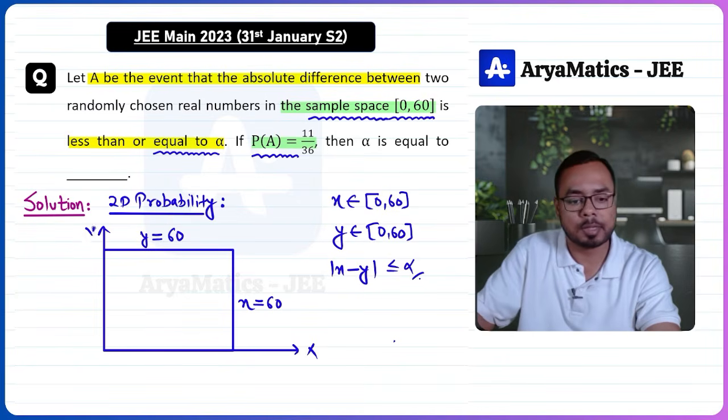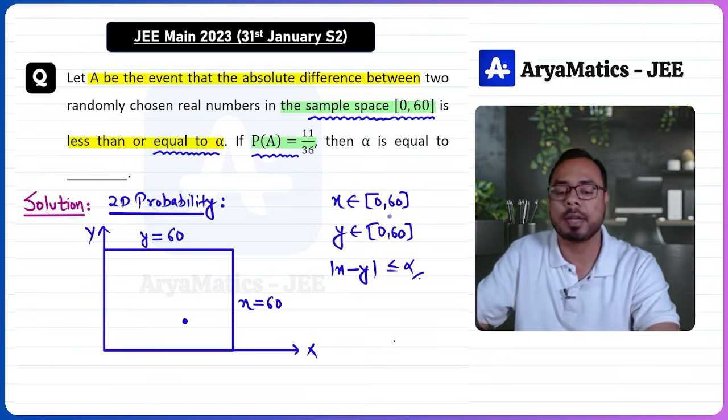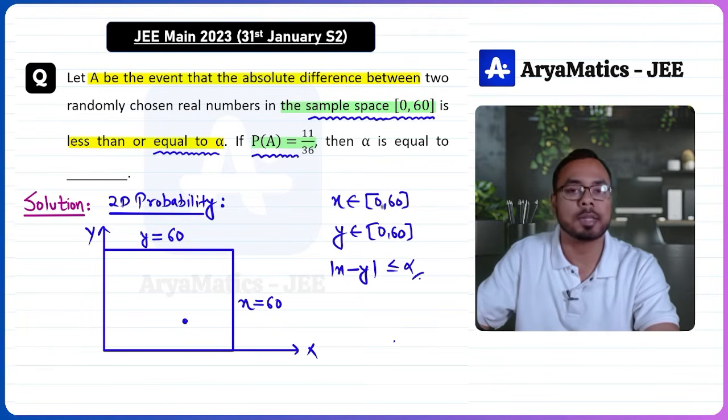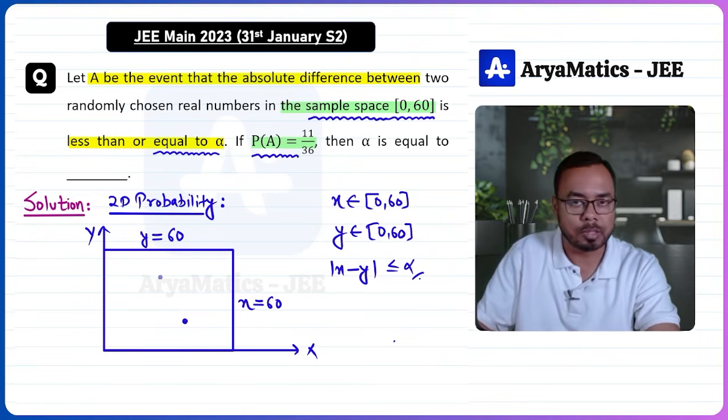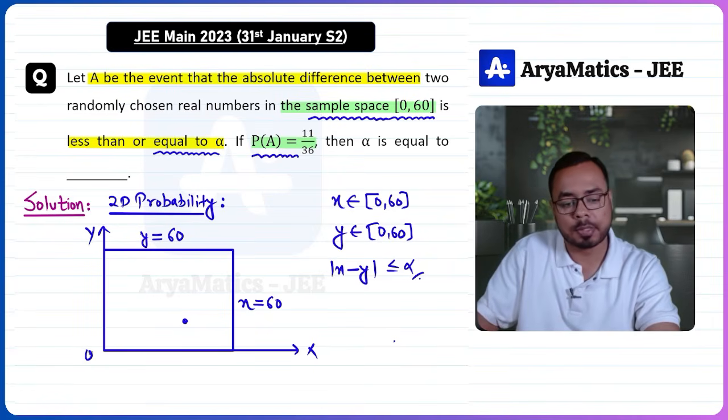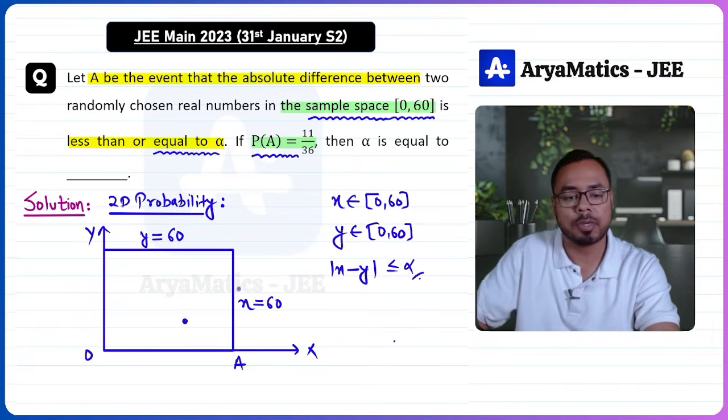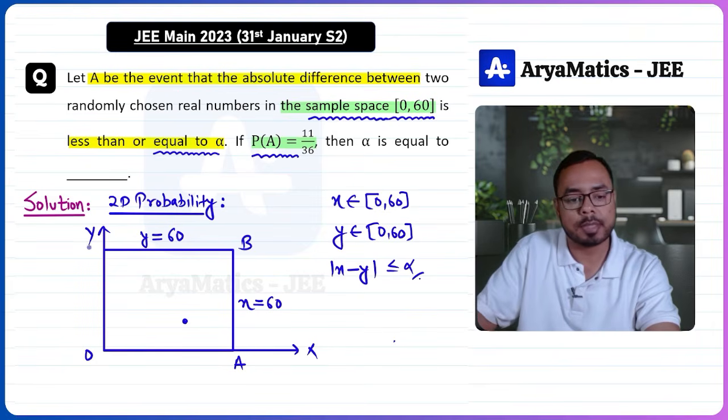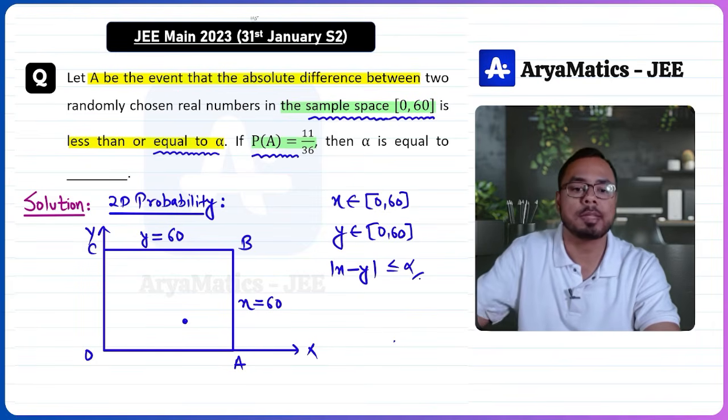Take any point in this region and it will satisfy the condition that x is between 0 and 60, y is also between 0 and 60. So this square is representing the sample space. Let us call these points as O, A, B, and C. So this square is representing the sample space here, right?